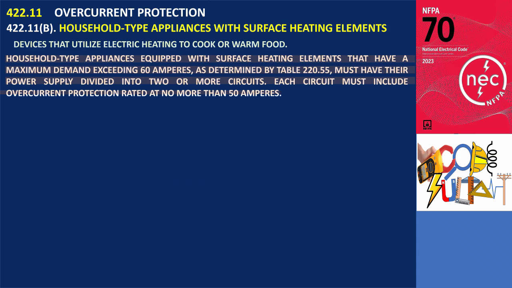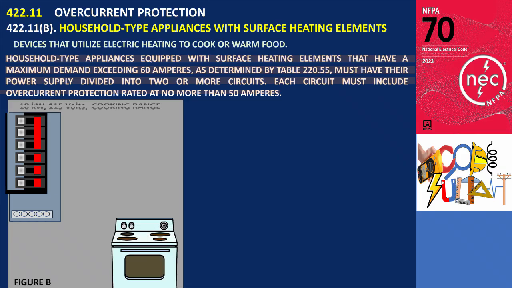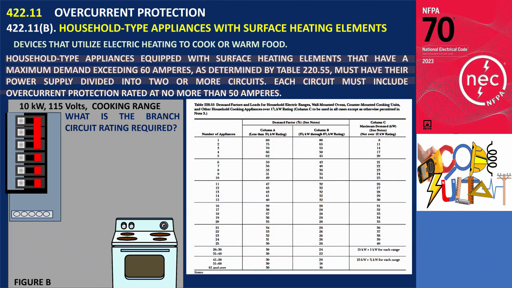Let's have an example, an electric range rated at 10 kilowatts, 115 volts. Let's determine the required branch circuit overcurrent protective device. We will first assess the maximum demand using Table 220.55. Since the demand exceeds 8.75 kilowatts, we will refer to column C, where the maximum demand is listed as 8 kilowatts.